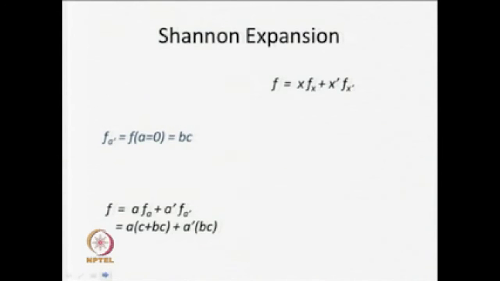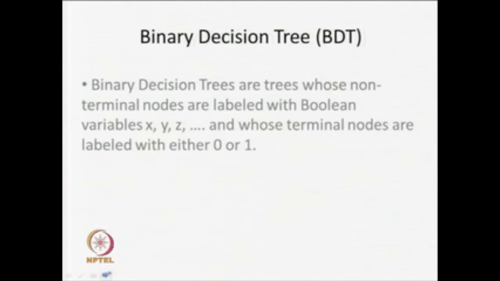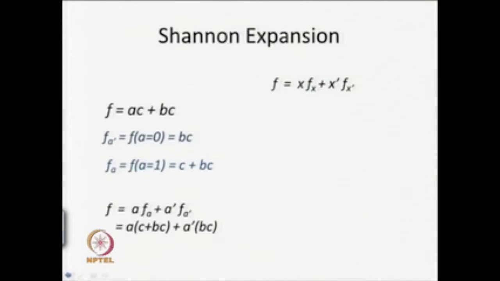Now I am going to give one example of this Shannon expansion. Consider the function f equal to ac plus bc. That means f is a function of 3 variables. As already mentioned, the Shannon expansion is f equal to x into f x plus x bar into f x bar, where f x is the value of the function when x equals 1.